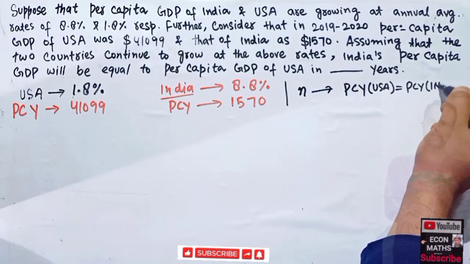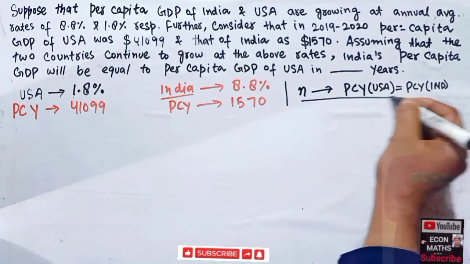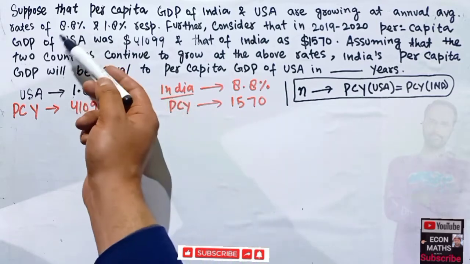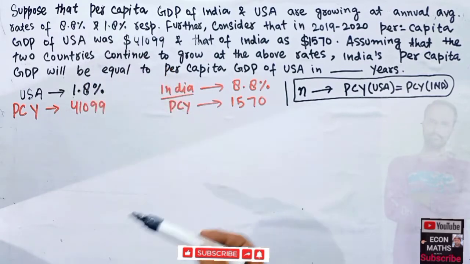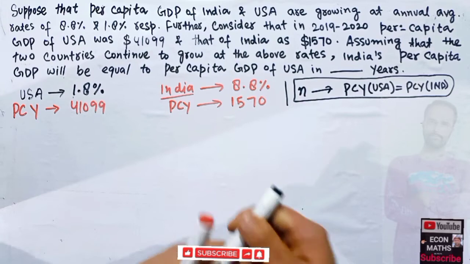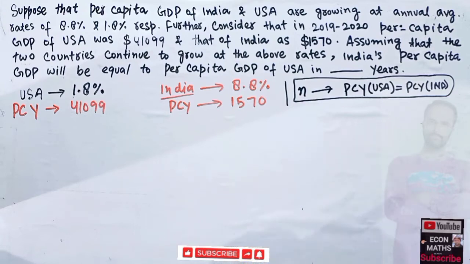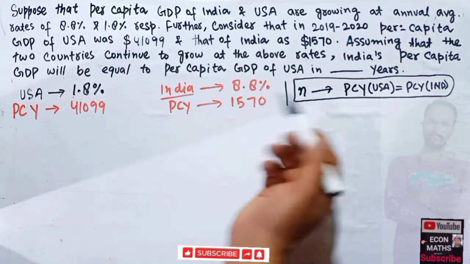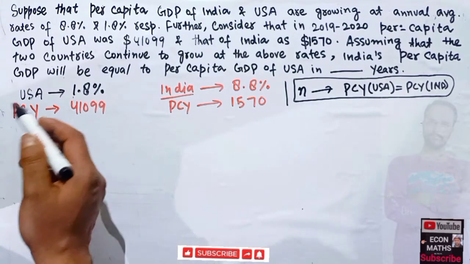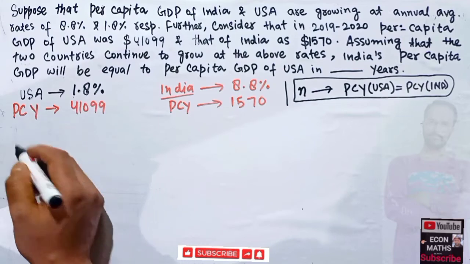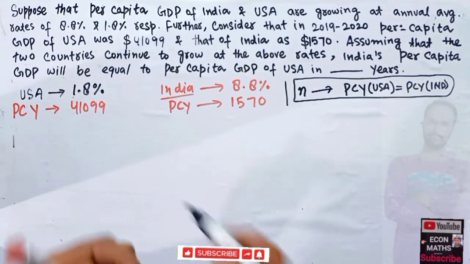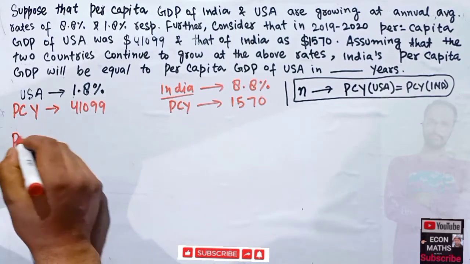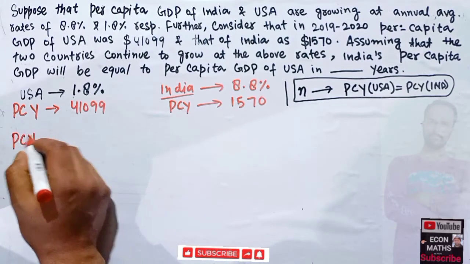I'm just assuming after n years their per capita income will be equal, assuming that they grow at 8.8% and 1.8% annually. Now, after n years what will be the per capita income of USA?